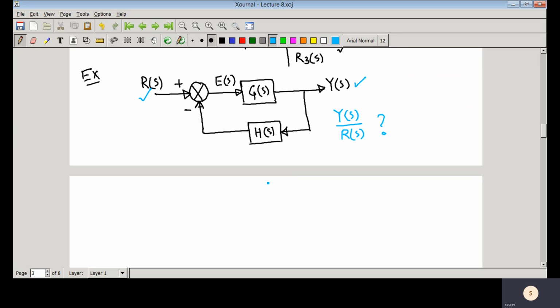All the signals and everything are seen in algebraic form, so just algebraic operations would take place.